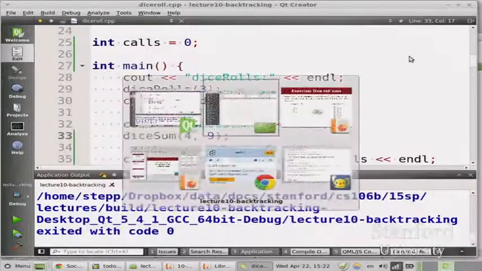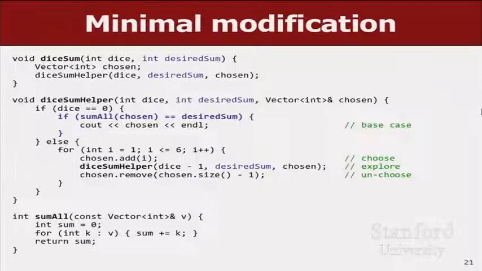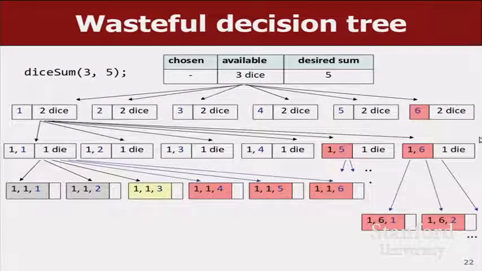Well, let's talk about this particular problem here. That's our code that we wrote, basically. This is why I think this is an inefficient solution. Some of the branches of this decision tree that we're walking through are not likely to lead to a successful outcome. In fact, they're demonstrably not going to lead to a successful outcome.